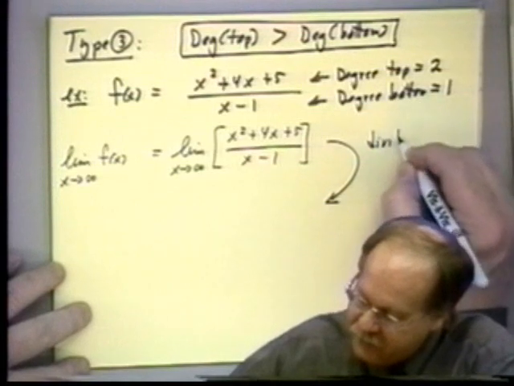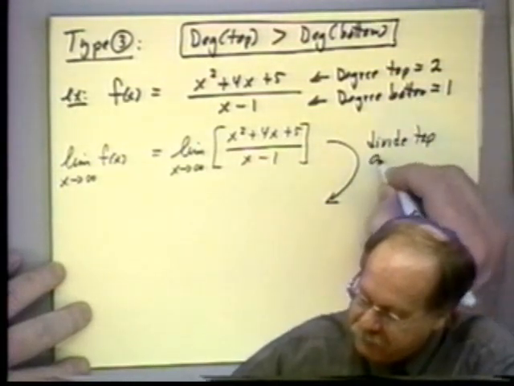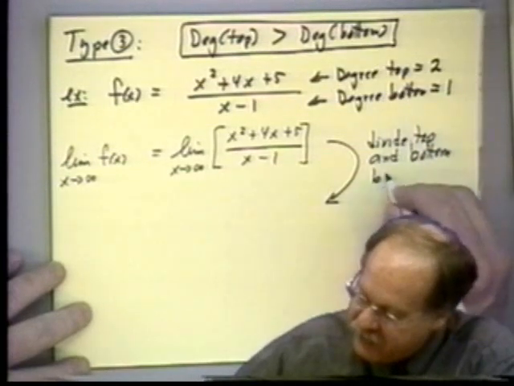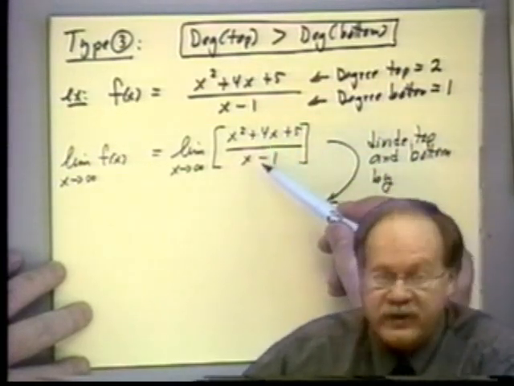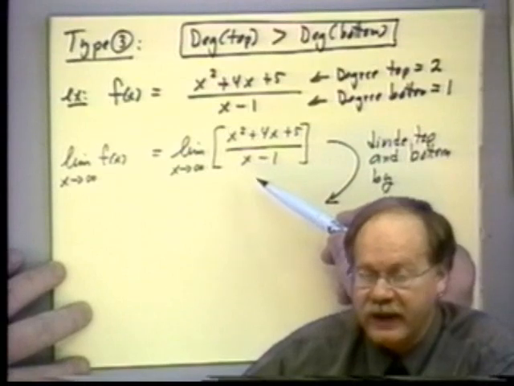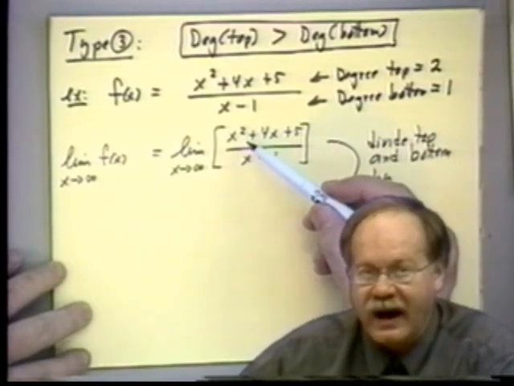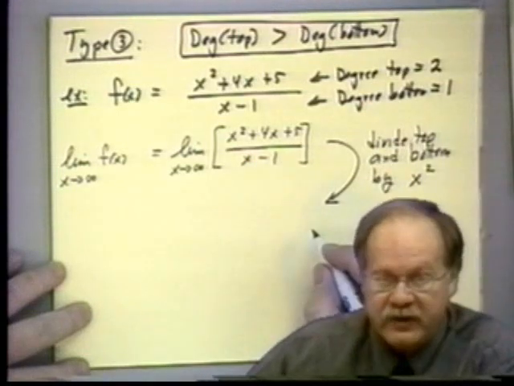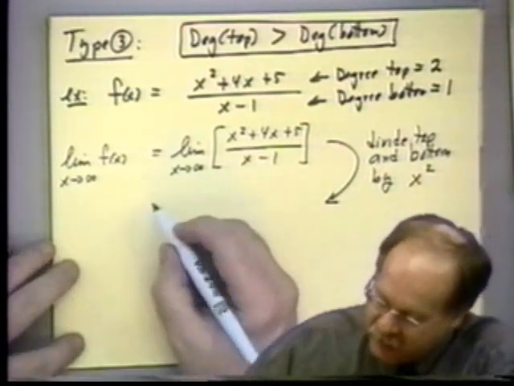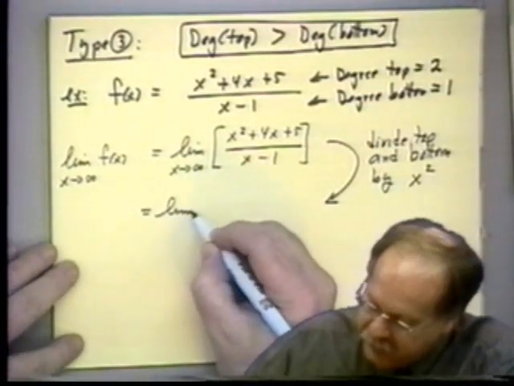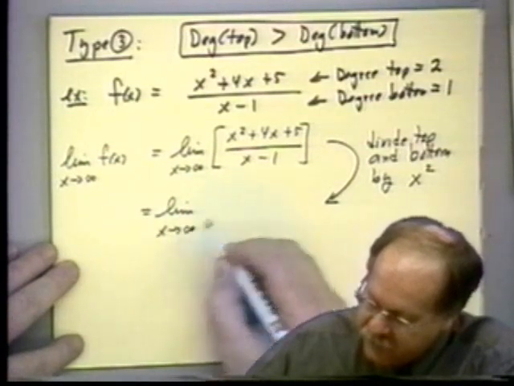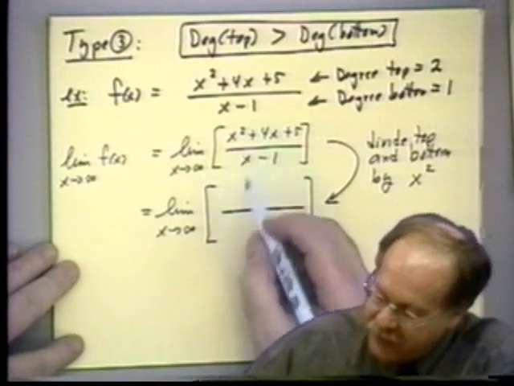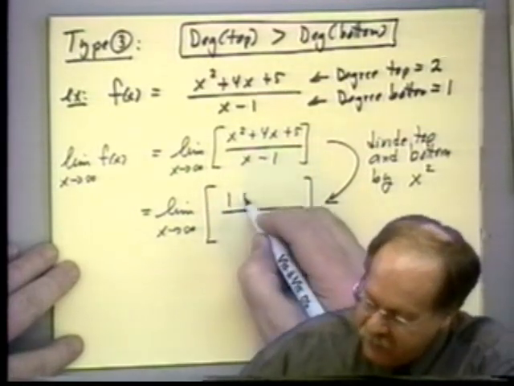Let's divide the top and bottom by, and since here the degrees are different again, we'll use the same technique as last time. We will find the highest degree and divide by x to that degree, which is x squared in this case. Here's what happens. We end up with the limit as x approaches infinity of, now on the top we divide by x squared, we get a 1, that's the easy one.